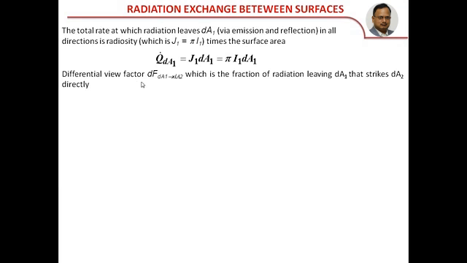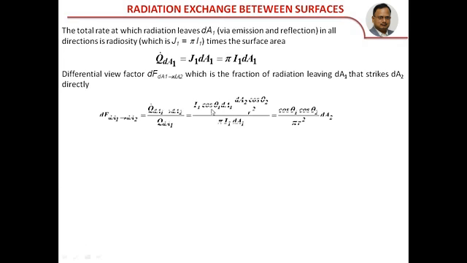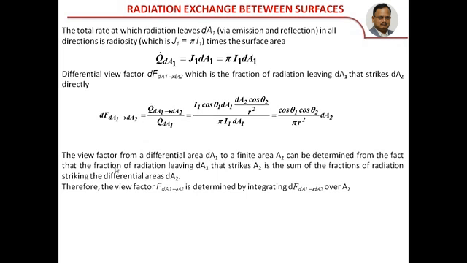The differential view factor dF dA1 to dA2, which means the energy leaving dA1 and received by dA2 directly, is given by Q dA1 to dA2 divided by Q dA1, that is I1 cos θ1 dA1 into the steradian angle dA2 cos θ2 by r square, by pi I1 dA1. This gives cos θ1 cos θ2 by pi r square dA2.